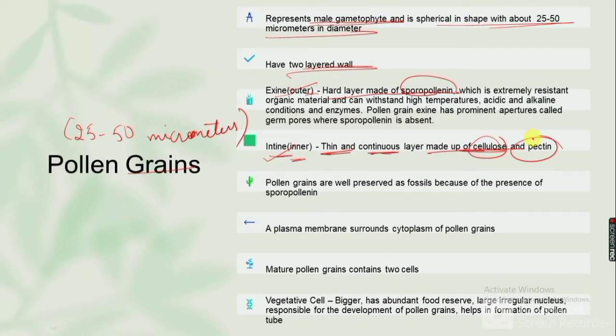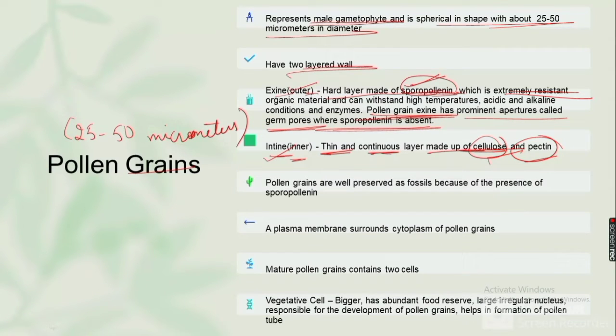Sporopollenin is an extremely resistant organic material which can withstand high temperatures, strongly acidic and alkaline conditions, and enzymes. Pollen grain exine has prominent apertures called germ pores, where sporopollenin is absent.